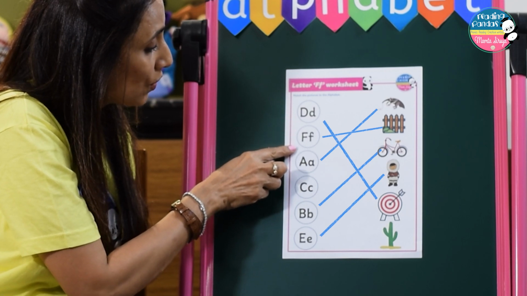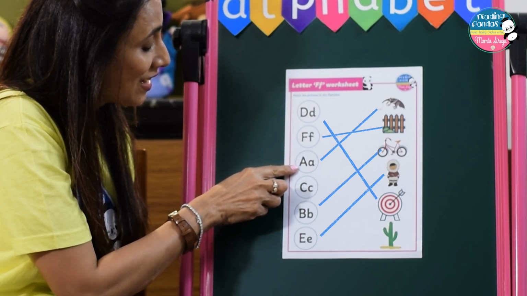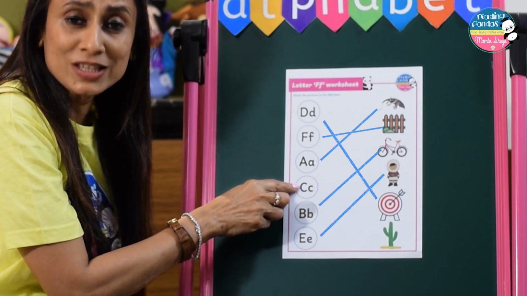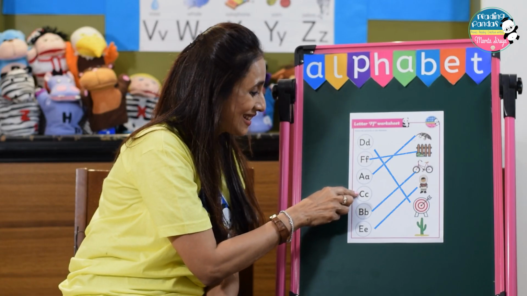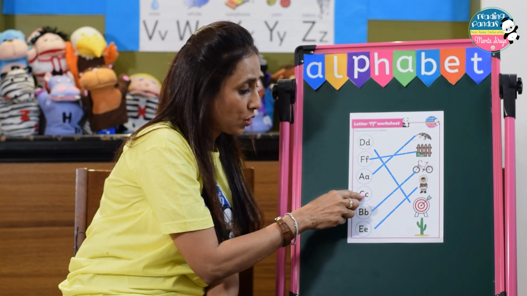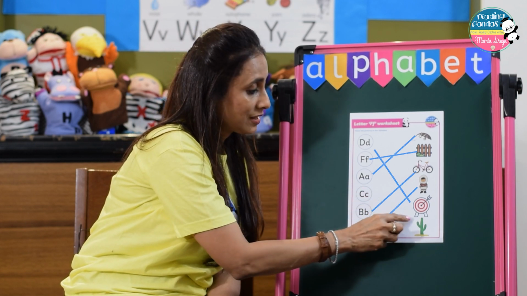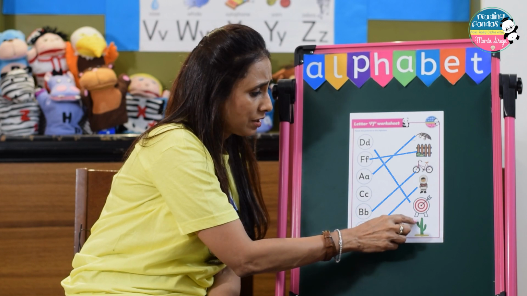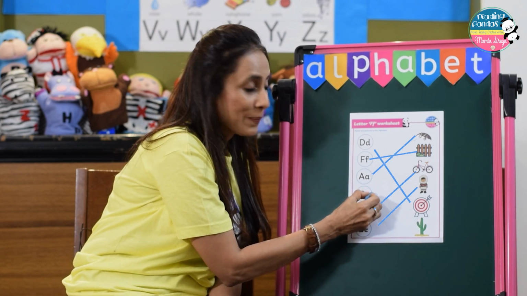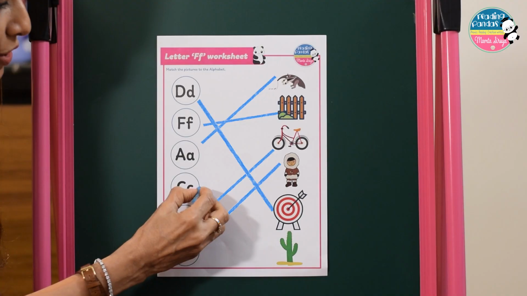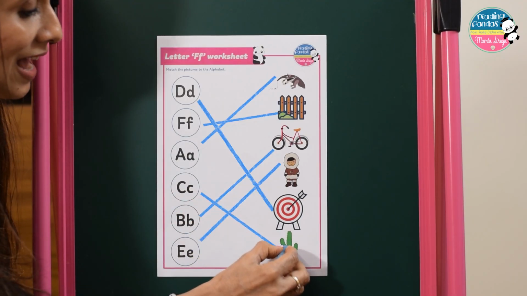Let's go. And ouch! Should we stop here? Am I right? Yes. So this K, we will match it to this cactus. Ouch! It's pokey. So let's match the K to cactus.